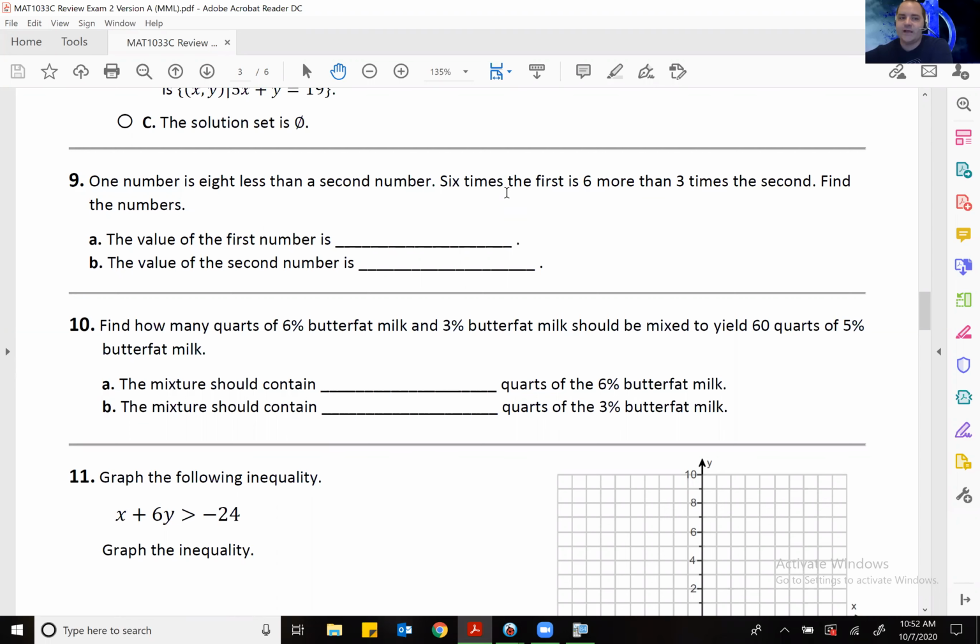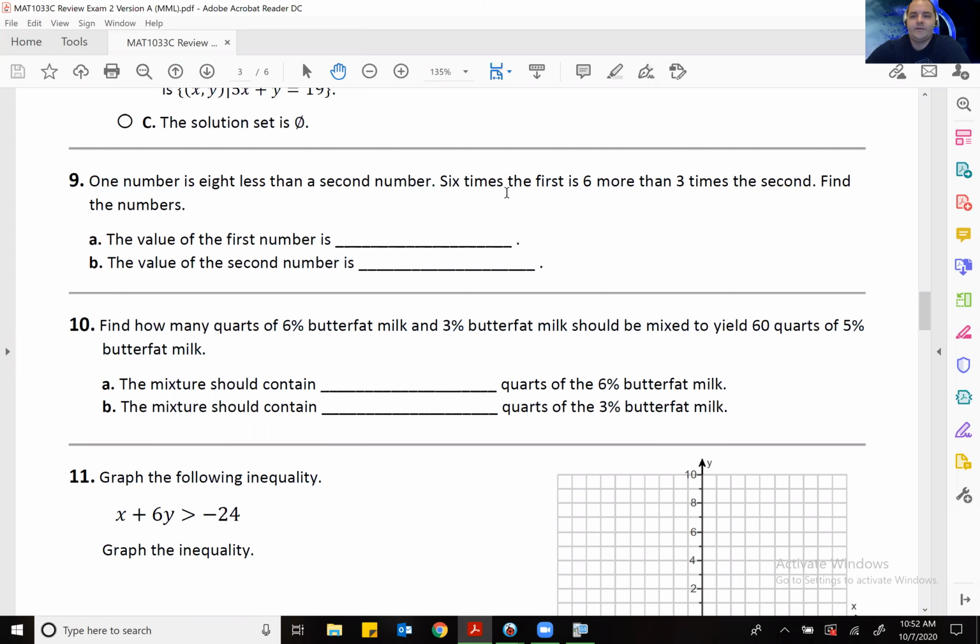So the first thing is we have a first number and a second number. Let's assign these variables. What variable would you give to the first number?